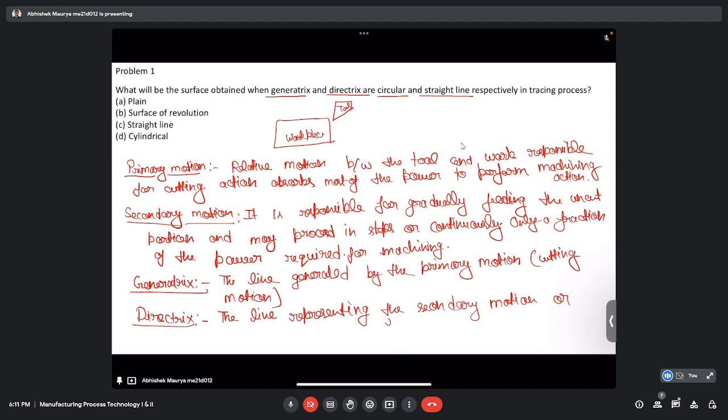These are some of the fundamental things involved because of the motion of the tool and workpiece. We create the desired surface with the help of primary motion and secondary motion, or generatrix and directrix. So let's take a few examples.